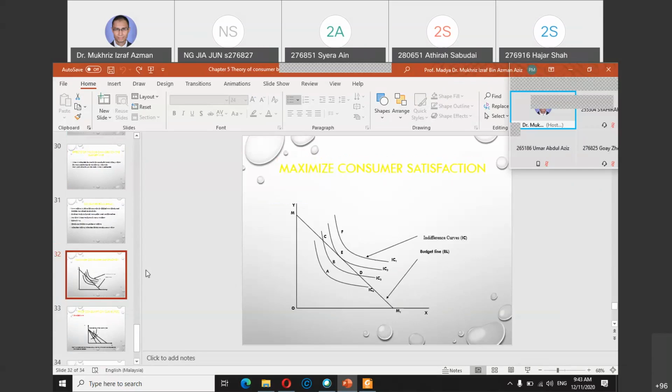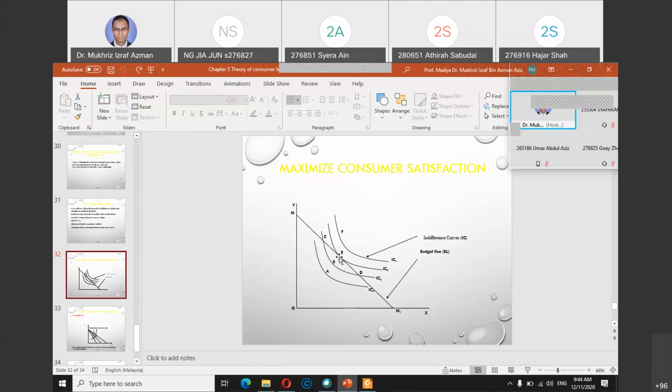Finally, we looked at the concept of equilibrium, which is when the budget line is tangent to the indifference curve. Tangent means the graph only touches the indifference curve at one point. It does not cross. So point C is not tangent, because the budget line crosses the indifference curve. The only point where the budget line is tangent to the indifference curve is point E. So point E is the best combination for this person.